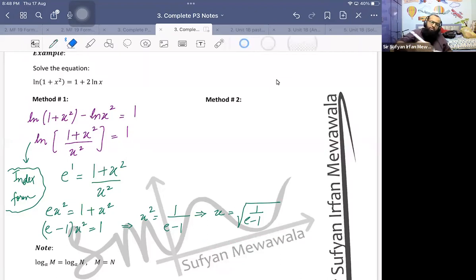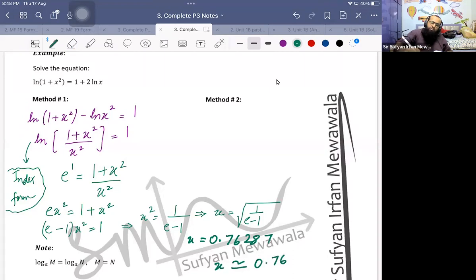Let me rewrite. x is equal to 0.76287. And then we are going to round it off. So this is going to be 0.763. That will be my final answer. x will be equal to 0.763.